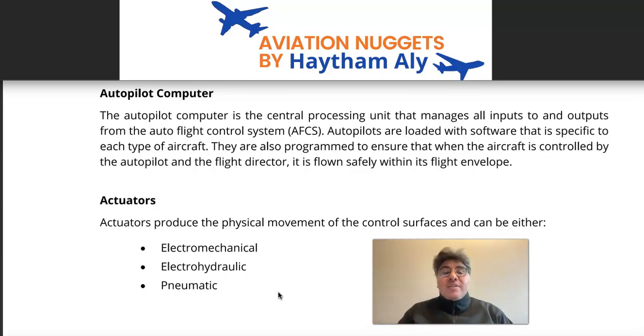In that case, the pilot can monitor the lateral and vertical guidance of the aircraft, the status of engagement of the autopilot, flight director, and auto thrust, the landing capabilities of the aircraft, whether we can do an automatic or semi-automatic landing, and also the auto thrust mode.